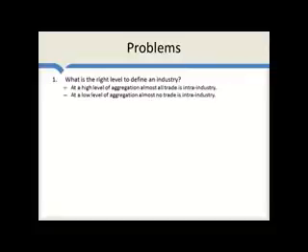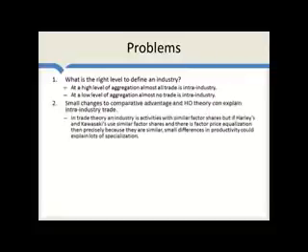Second objection, and a more important one, is that small changes to comparative advantage and Heckscher-Ohlin theory can in fact explain intra-industry trade. And the basic idea is this. In trade theory, an industry means activities with similar factor shares.